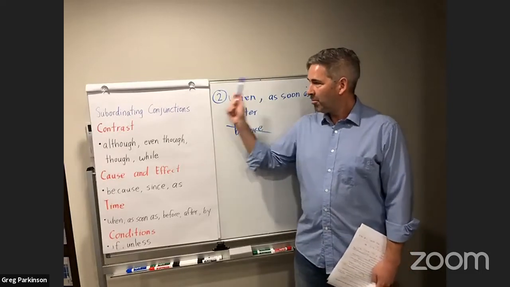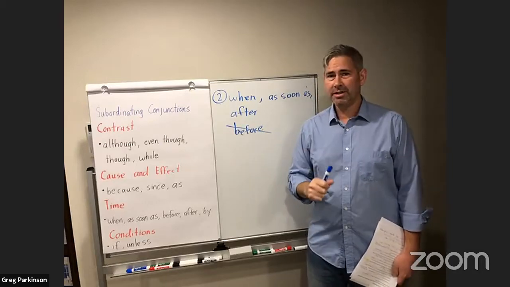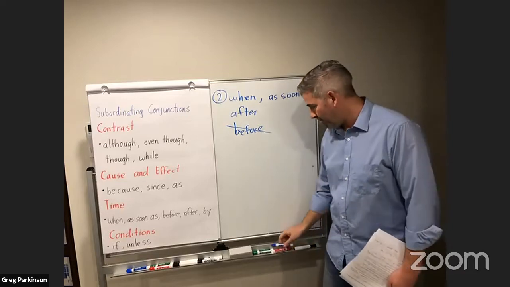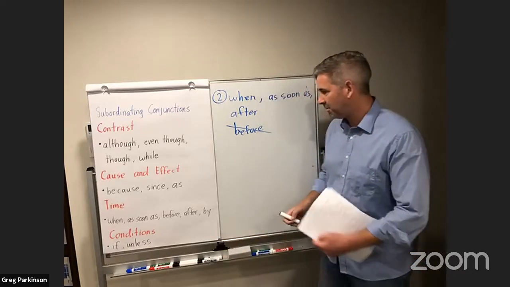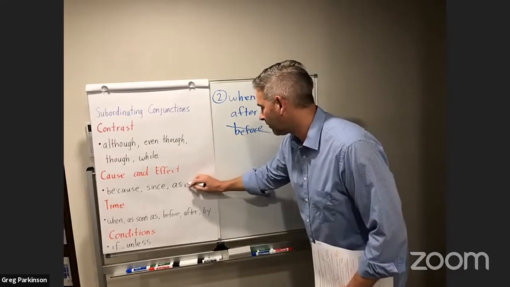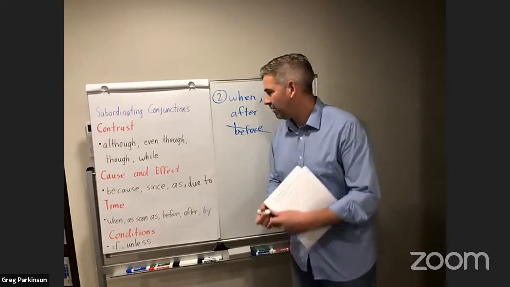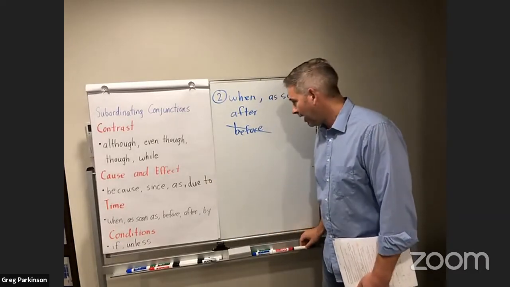By no means are these all of the subordinating conjunctions. These are just ones which I'm presenting today. But I really like your point, and I will absolutely add that. So yes, due to is totally fine to use.